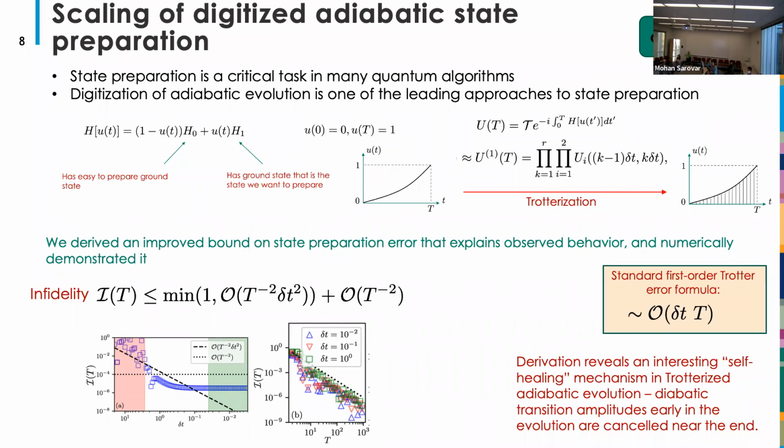In fact, you can explain why this happens using the language of a self-healing mechanism: when you trotterize adiabatic evolution, errors that you incur at the beginning of that evolution actually get cancelled near the end. And that's what leads to this.